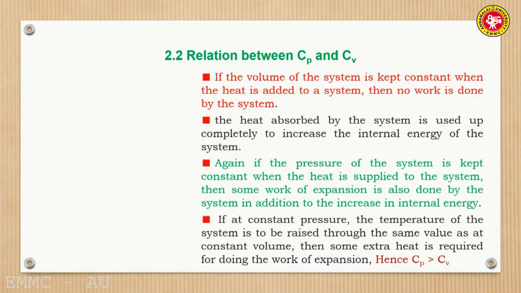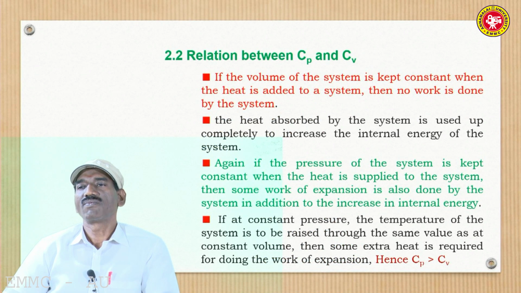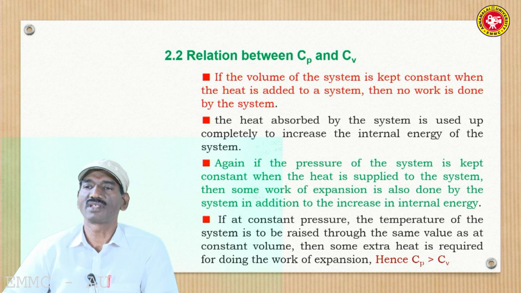The relationship between Cp and Cv. If the volume of the system is kept constant when heat is supplied to the system, then no work is done by the system. The heat absorbed is used up completely to increase the internal energy of the system. If the pressure is kept constant when heat is supplied, then some work of expansion is also done by the system in addition to the increase in internal energy.